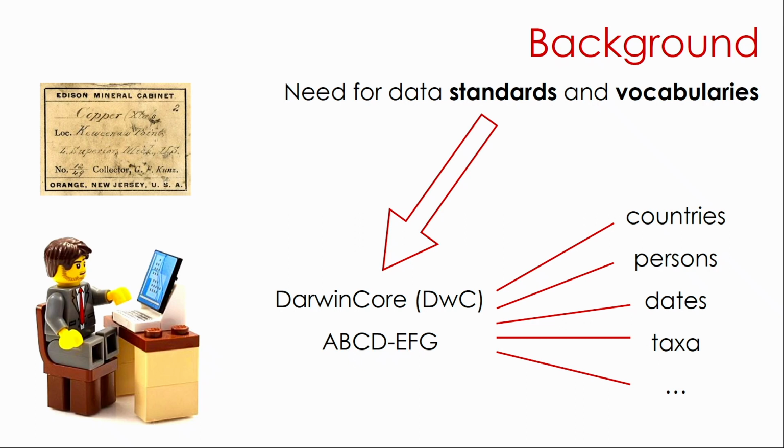Essentially, everything I tell about Darwin Core is also applicable for ABCDEFG, but I think Darwin Core already covers with 180 terms most of what we need. And if our needs are not covered yet, then it is worth it to check out ABCDEFG. There you have another 1,800 or so possibilities. Good luck with that.